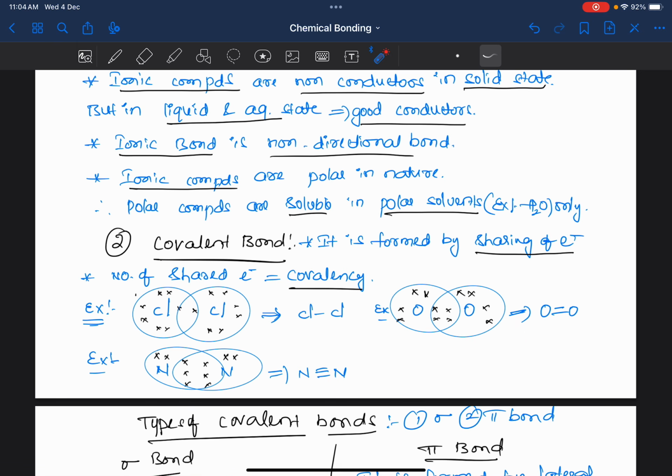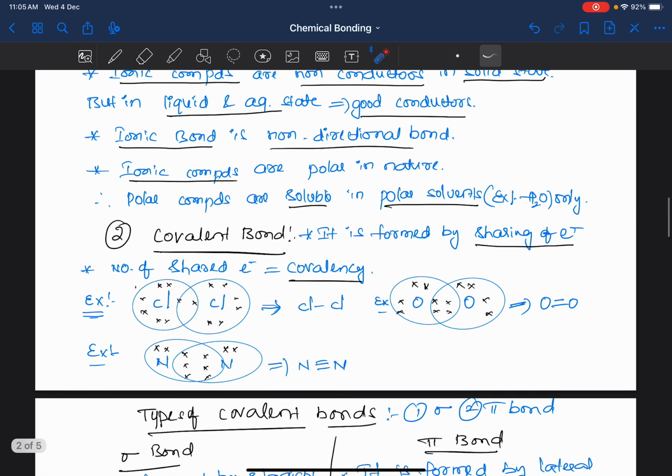And next, in the case of the nitrogen molecule, 3 electrons are shared, therefore the covalency of nitrogen is 3. So the covalency of chlorine is 1, here 2 and here 3. That depends on the number of shared electrons.